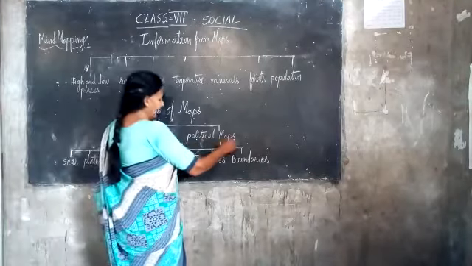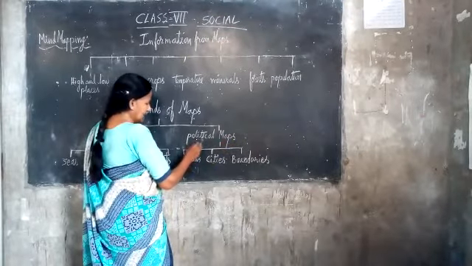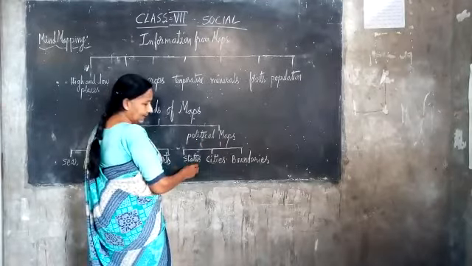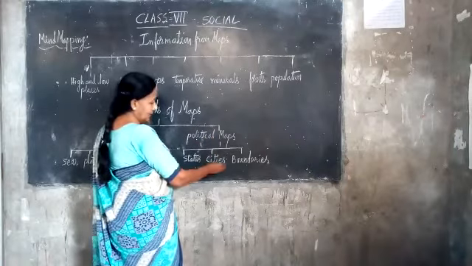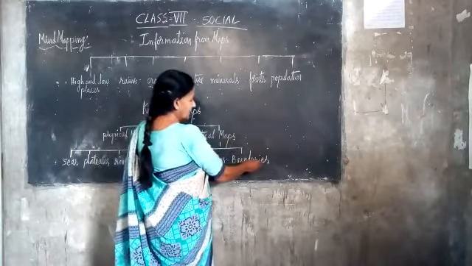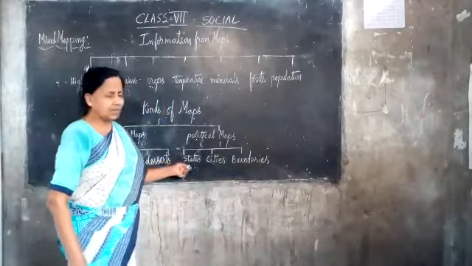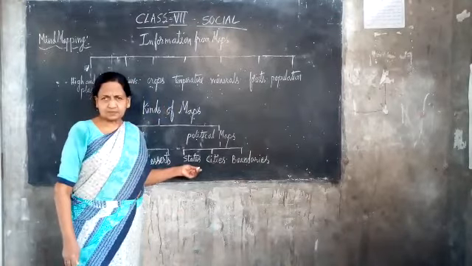Coming to political maps, it makes our doubts clear about the states that are lying in the country, the cities that are lying in a particular country, and the boundaries of a particular country. What do you mean by states? Now each country has its own states.